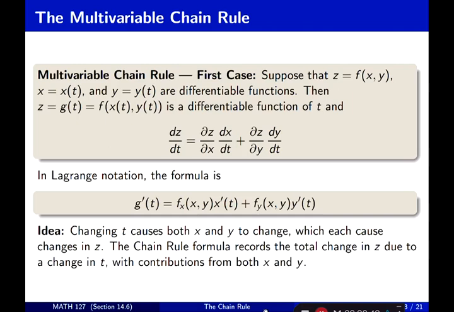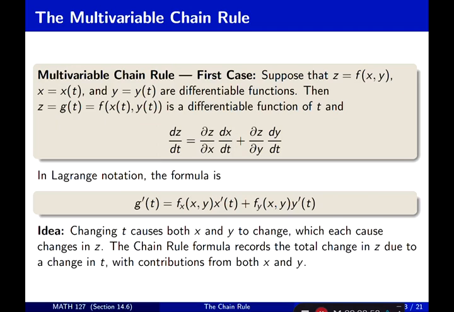So let's state the multivariable chain rule, first case. Suppose z is equal to f of x and y, and x and y are differentiable functions of t.